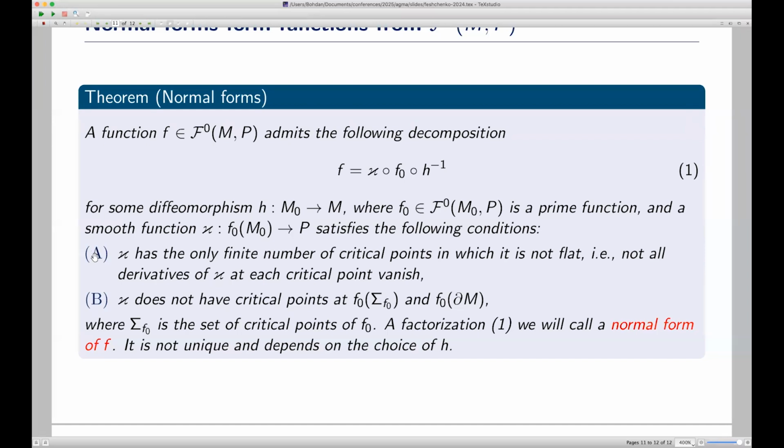The first one, kappa has only a finite number of critical points in which it is not flat. And the second one, kappa doesn't have critical points at this set. This factorization we will call a normal form, and it is not unique and depends on the choice of h.